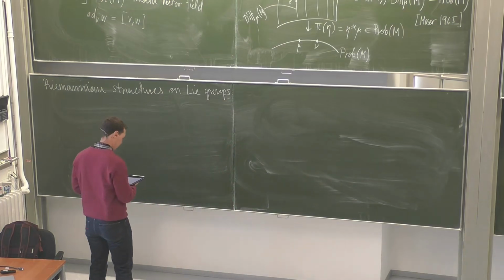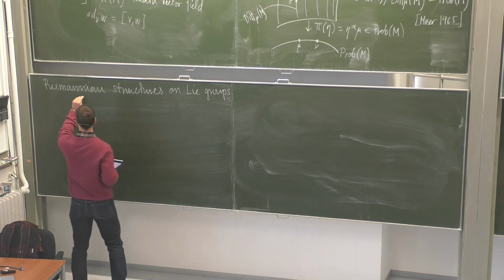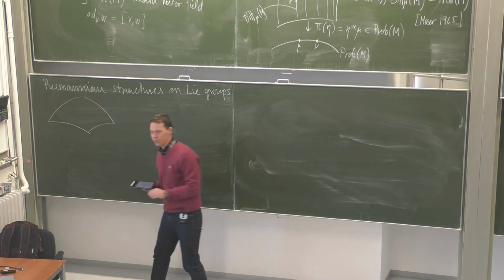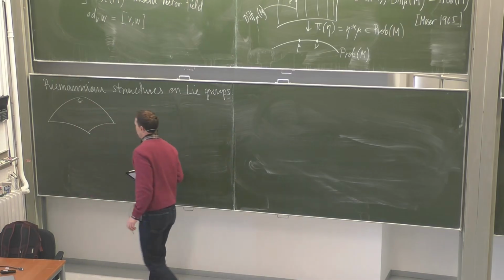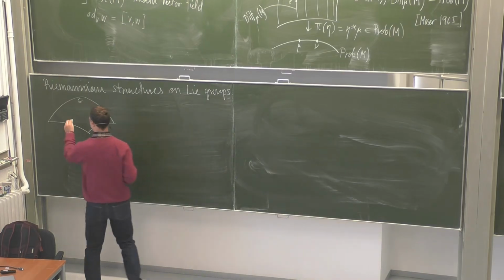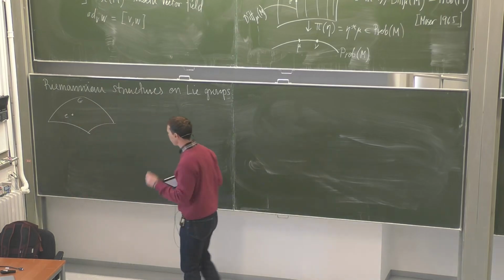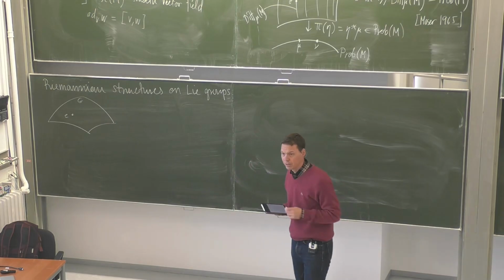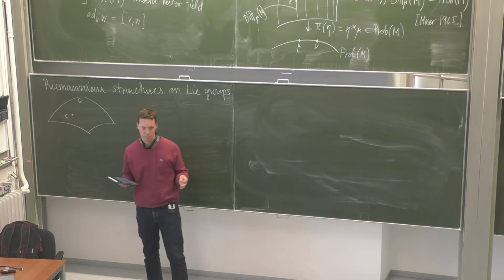So there is a picture associated with this as well. Now I just want to give you an abstract construction. So let's assume we have a Lie group G. It has some identity somewhere. And we want to assign a Riemannian metric to this Lie group. So what does it mean?